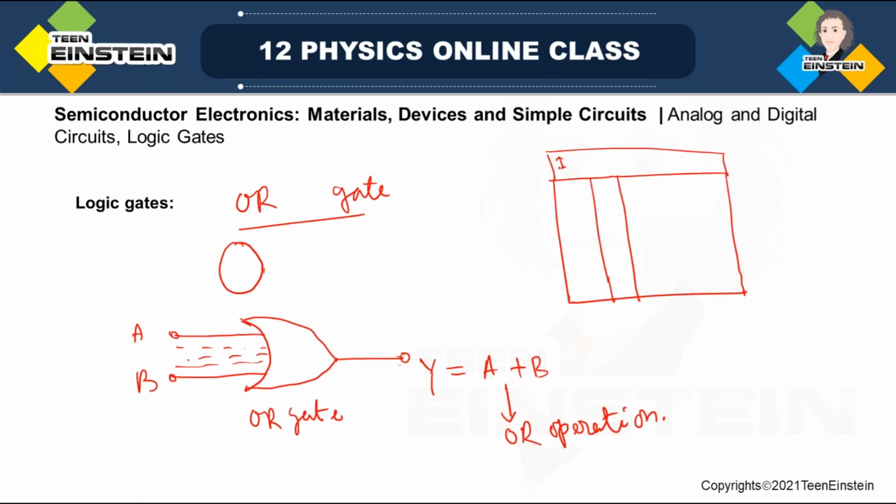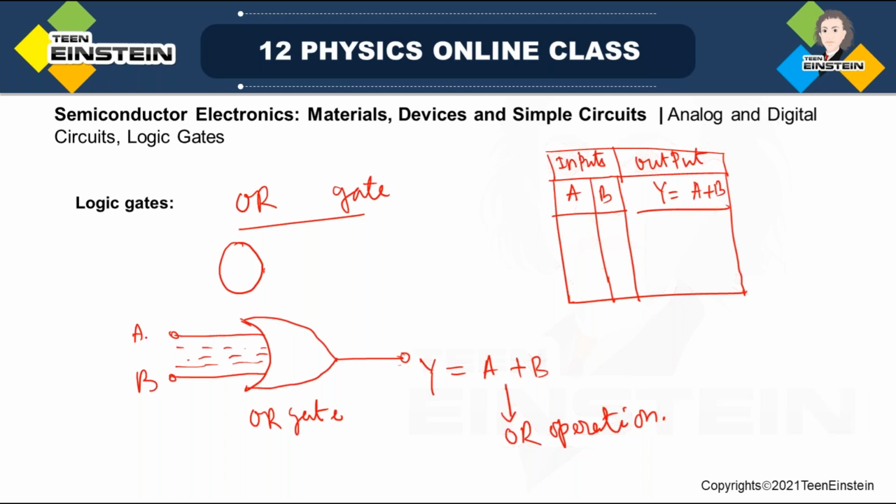So these are the inputs. This is output. Output will always be only 1. So let me write, this is A, this is B, and this is Y is equal to A or B. Okay, this is how we have to read.